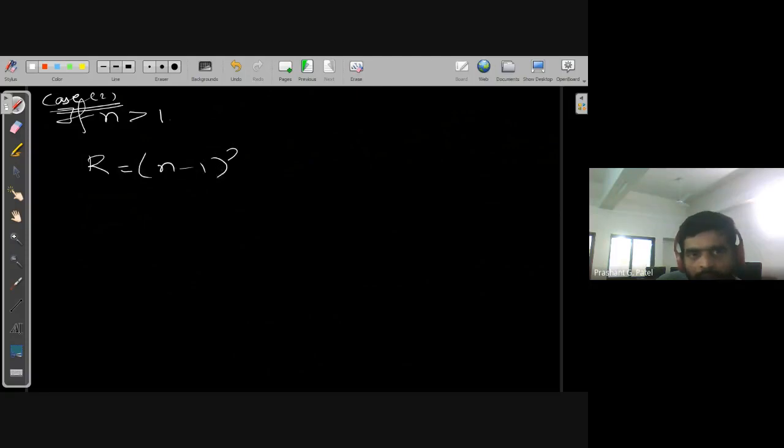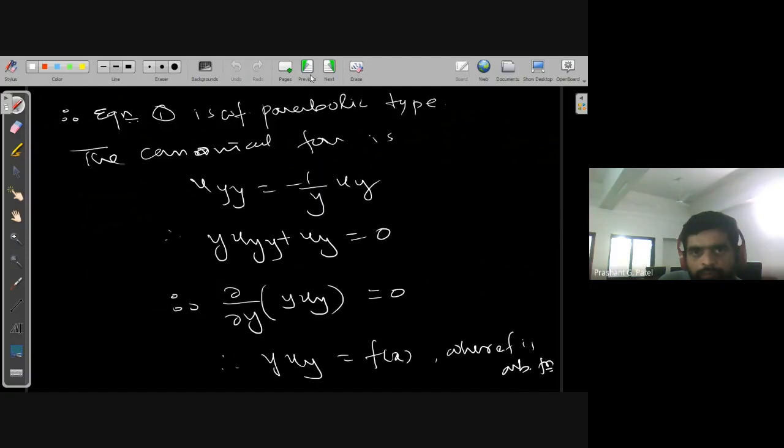If n is greater than 1, that is case number 2, then you can check what r is. R is (n-1)², you just observe here.